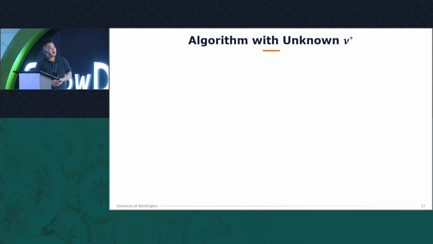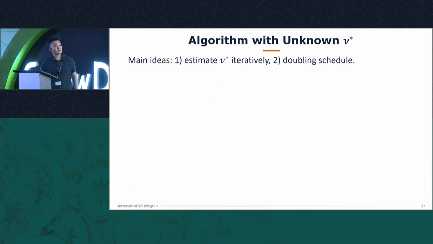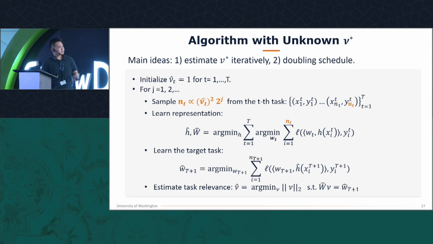Okay? So if you don't know this nu star, we can just iteratively estimate it. Basically, we have two ideas, kind of similar to online learning or bandits. We can estimate nu star iteratively and use a doubling schedule. We first initialize the estimate, nu hat t, to be 1 for all the tasks. At each epoch, we sample according to our formula, proportional to this estimated nu t hat squared.